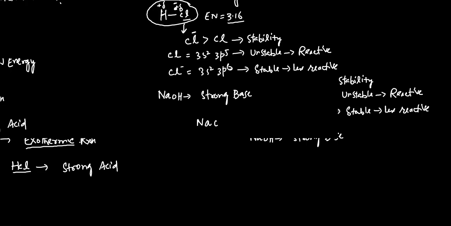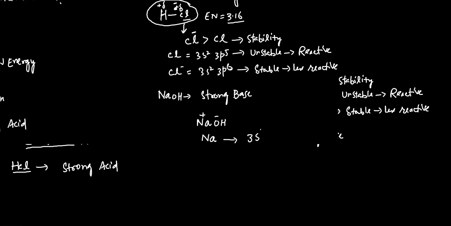Because in sodium hydroxide, sodium has completely transferred its electron to the oxygen here, and sodium would always love to be in the plus one oxidation state, because we know the outer electronic configuration of sodium is the valence shell.